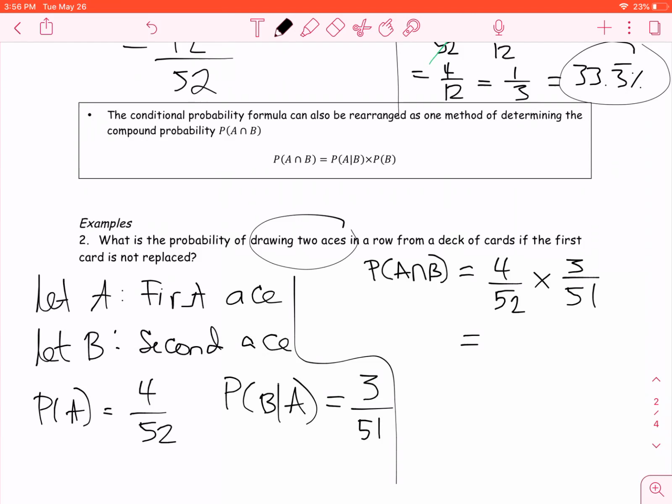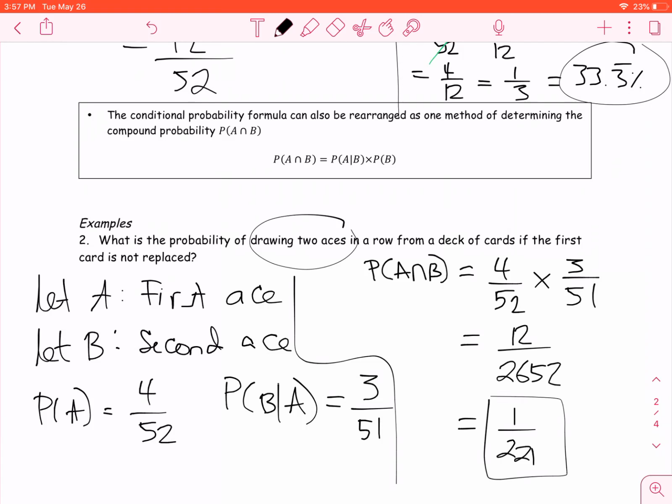Okay, so what we would have there, we might need to use our calculator a bit. 52 times 51, oops, 2652, okay, 2652, so then that simplifies to 1 over 221.